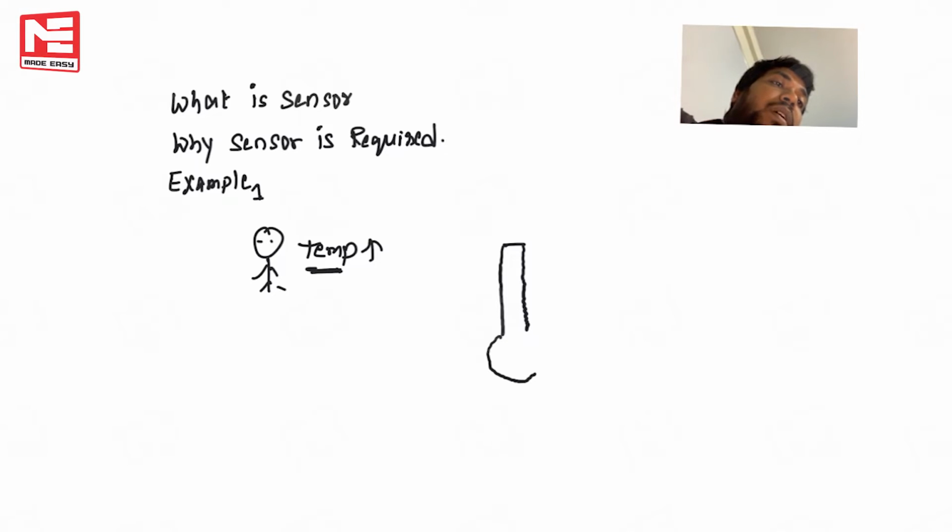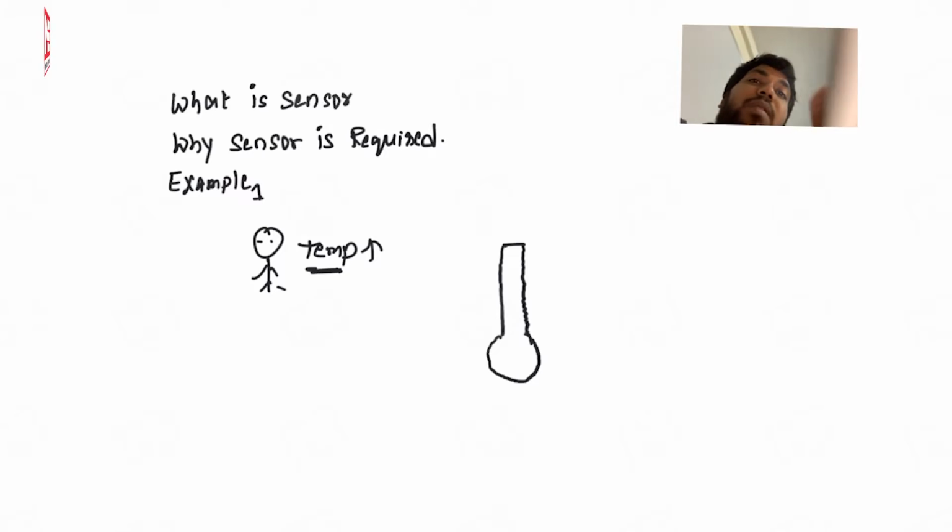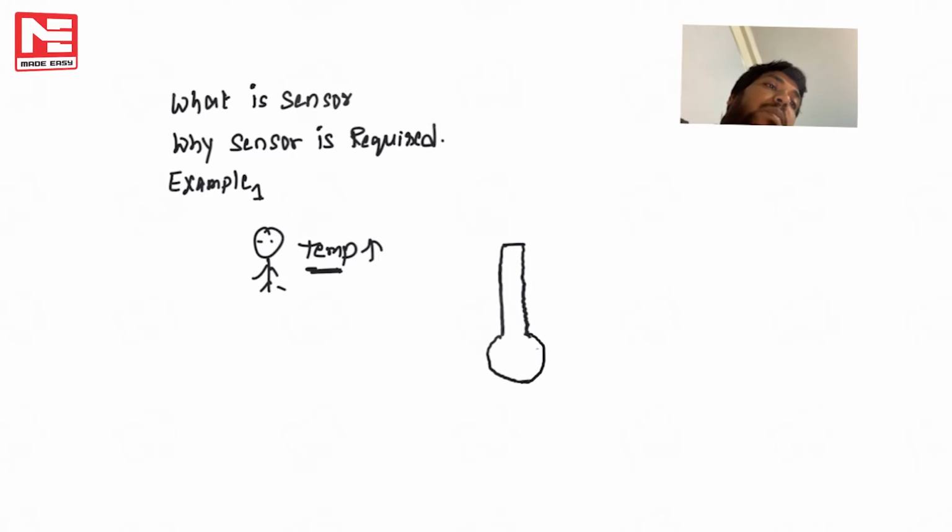This is the bottom bulb of the thermometer, and inside it we all know there is mercury. On the other side, we have degrees centigrade. Let us consider this as room temperature, maybe 0 degrees centigrade here.